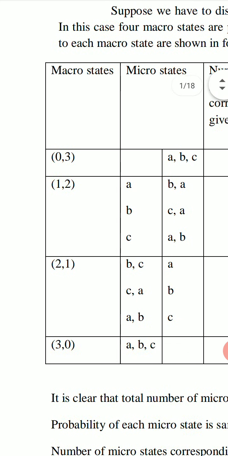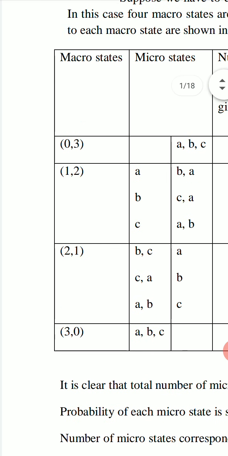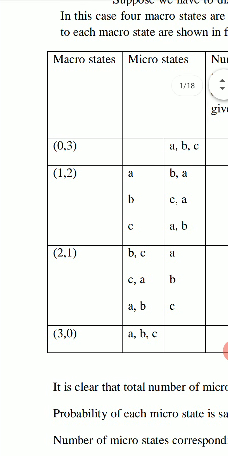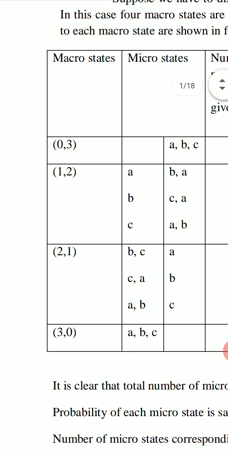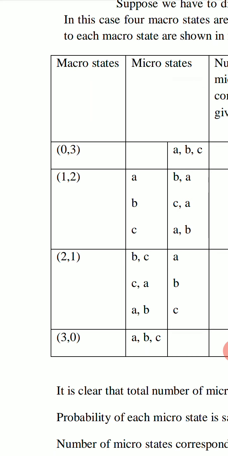then there are 4 macrostates shown in this table: 0, 3; 1, 2; 2, 1; 3, 0. These are macrostates. These represent macroscopic property of the system.